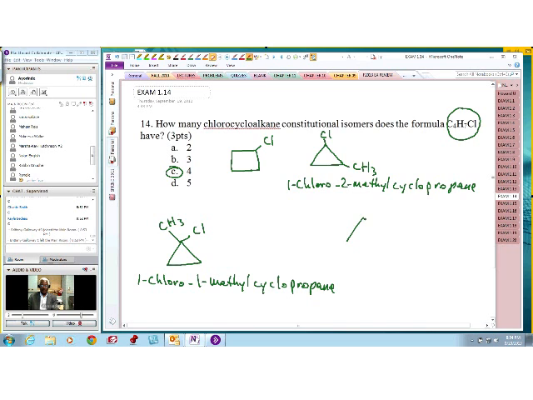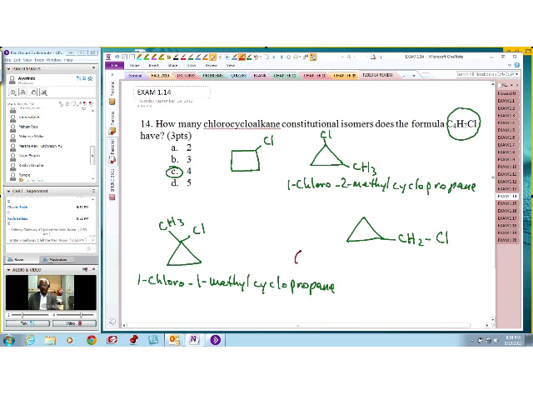And finally, we could have this. Notice how we do this, just changing the attachment. This will be a complex substituent right here.